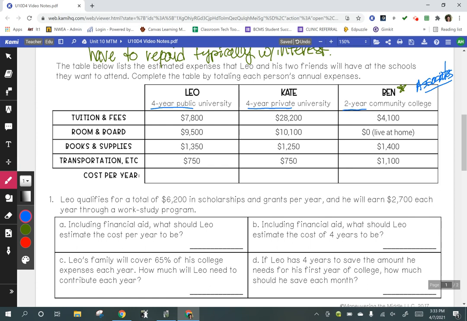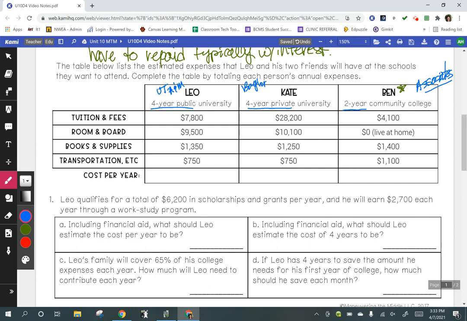So we're talking like Baylor. This is like UT or A&M. This is more like Baylor or SMU or TCU or something like that that has a faith-based idea behind it. So that's the difference between those.